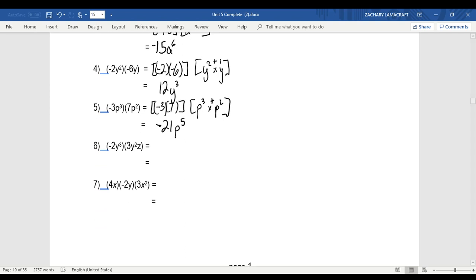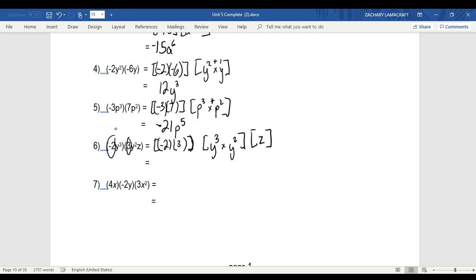If we want to look over the next one, again, we take our numerical coefficient, or that number in front, so negative 2 times 3, and then we have y to the 3 times y to the 2, and then we just include that stranded z at the end of it because it doesn't have any common variables, so we just multiply it at the end.